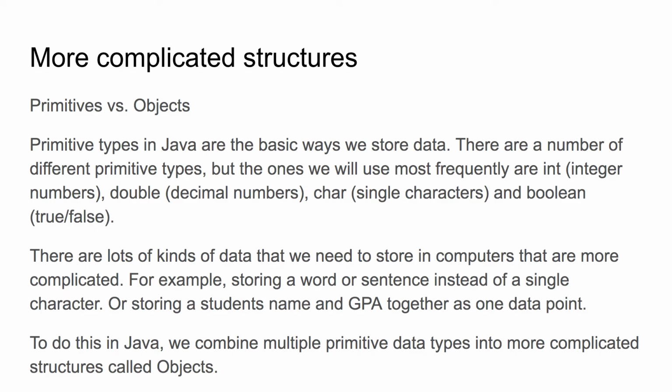And the student ID number, you might store it as an integer, or if it has letters, it might be stored as a string, which is a collection of chars. But you build those more complicated structures out of the primitive structures. And we're going to spend a lot of time in the first part of the class talking about how data is stored, because it's pretty fundamental to understanding how to write programs. You need to understand how to store data and what's the right way to store data for a particular task.